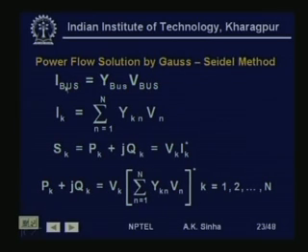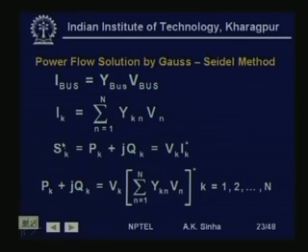We have the relationship I bus is equal to Y bus into V bus, and we can write for any bus k, I k is the summation over n is equal to 1 to N, where capital N is the number of buses, Y k n into V n. Y k n is the k n-th element of the Y bus, and V n is the voltage at bus n.